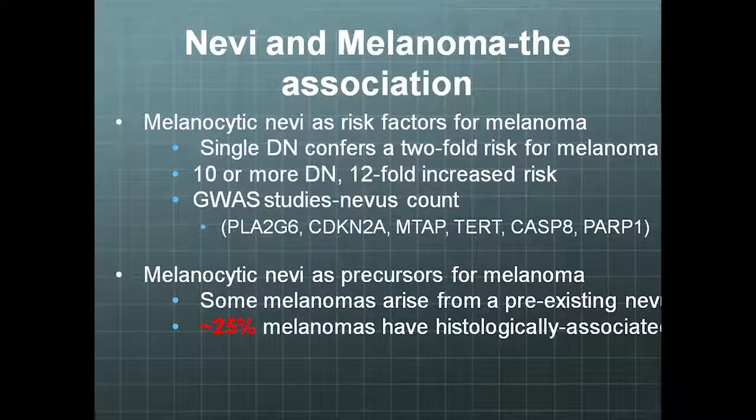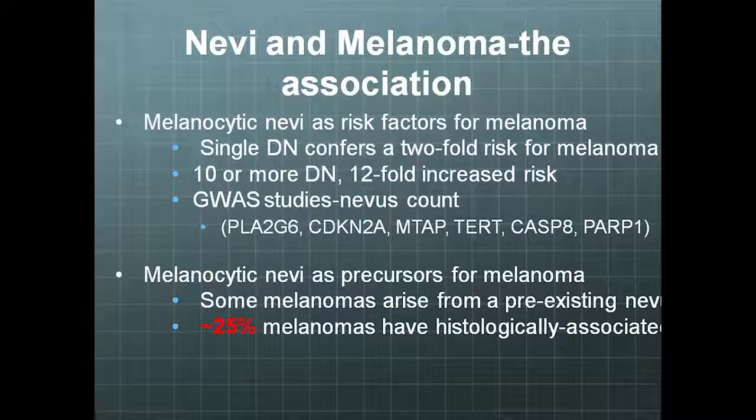If you have more dysplastic nevi, and these could be clinically or histopathologically defined as dysplastic, but mostly these are clinically dysplastic nevi, 10 or more dysplastic nevi confer a 12-fold increased risk. So there's definitely this very solid information.